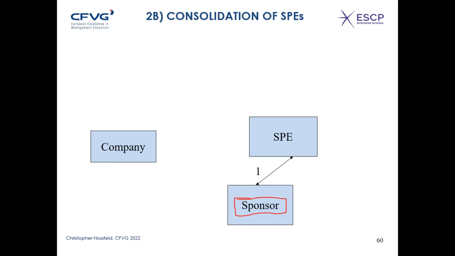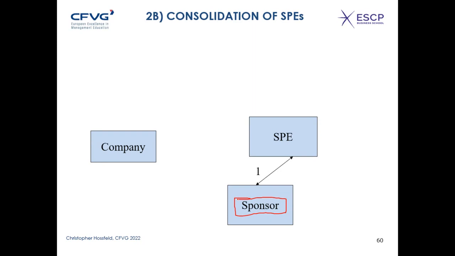That means obviously the SPE is a company, a legal entity, so it needs statutes. The founding shareholders have to pay in some money. So the sponsors will just pay the legal minimum that I need to create a company. So 1,000 euros, 10,000 euros, or in Vietnam, I don't know what the minimum legal requirement is to create a company. So the sponsor basically is not a real shareholder.